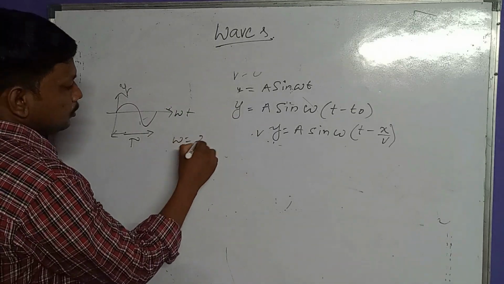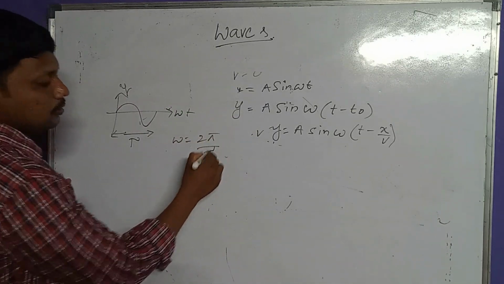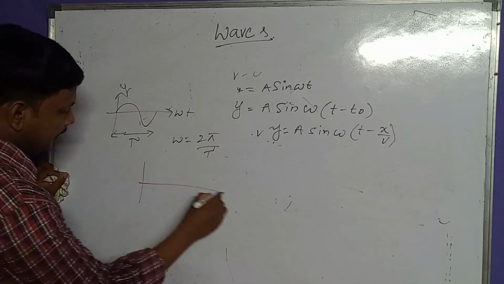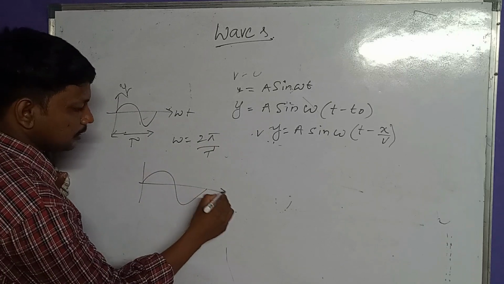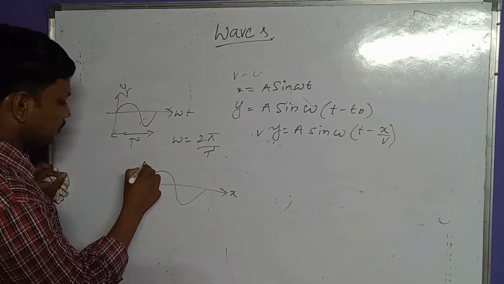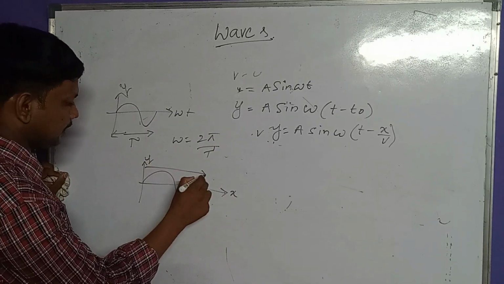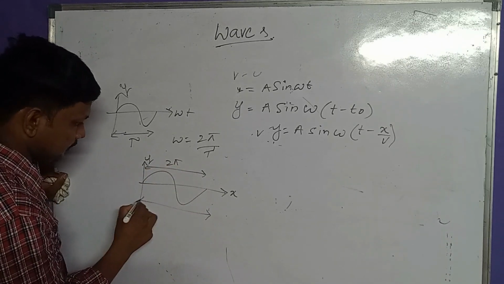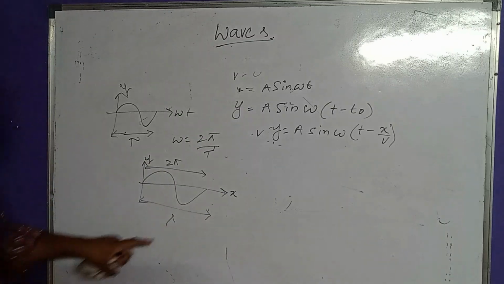Omega is equal to 2 pi by tau, the angular frequency. If we take the position displacement graph, this length is 2 pi, this length is lambda.